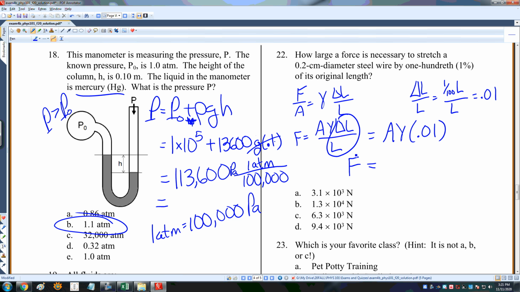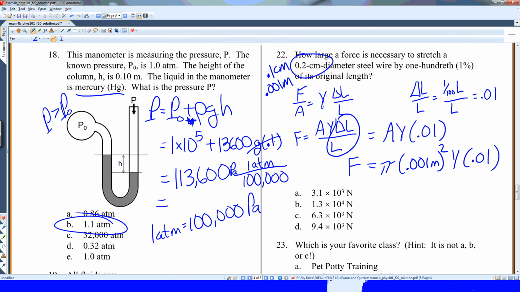The area is pi r squared, pi times 0.1 centimeters or 0.001 meters, pi r squared times Y times 0.01.